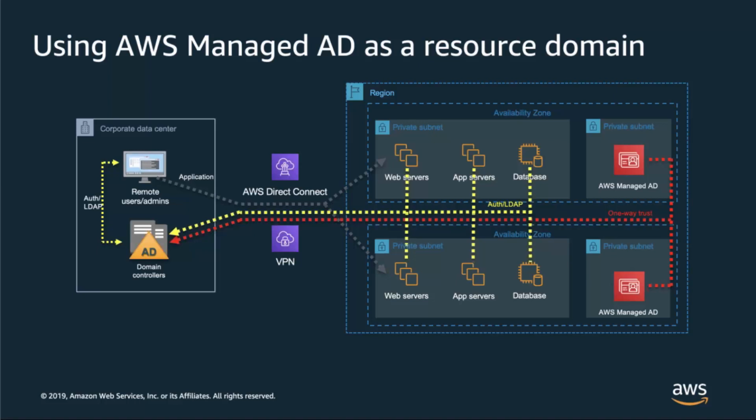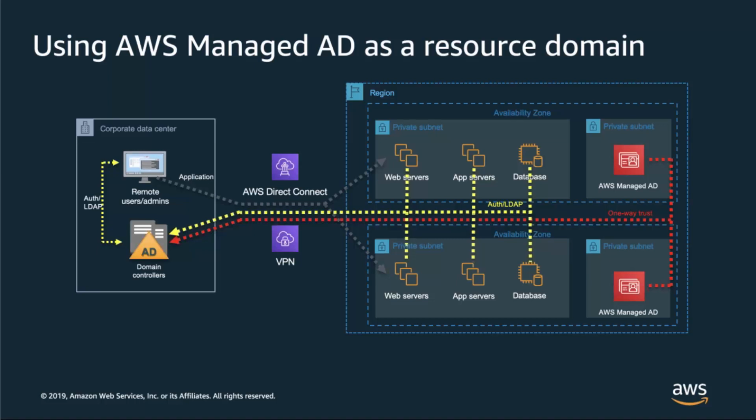In this example, we're showing a one-way trust where AWS Managed AD is trusting your on-premises Active Directory, but not vice versa. So what this allows you to do is use your user identity from your on-premises Active Directory and log into any servers running on AWS without the data being replicated to AWS or AWS Active Directory. So again, let's take the same example.